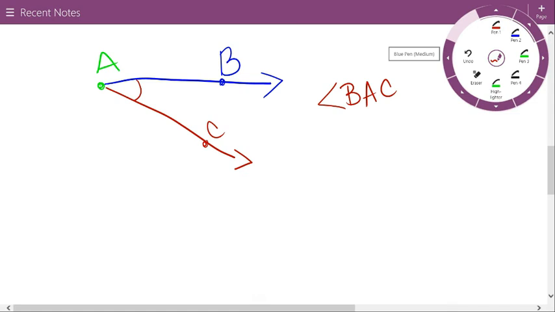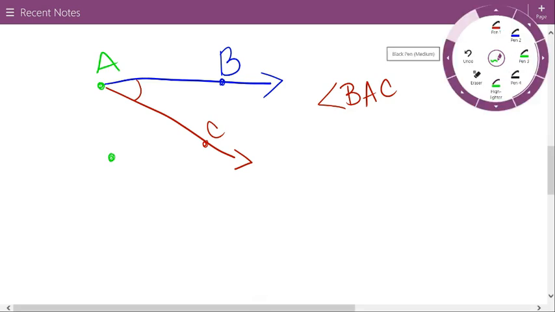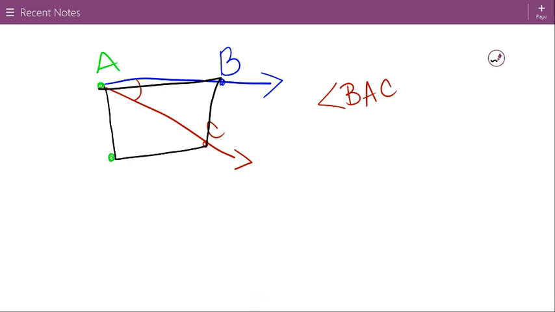We have them all contained within the plane of A, B, C, D. Again, not well drawn, but it's still there.